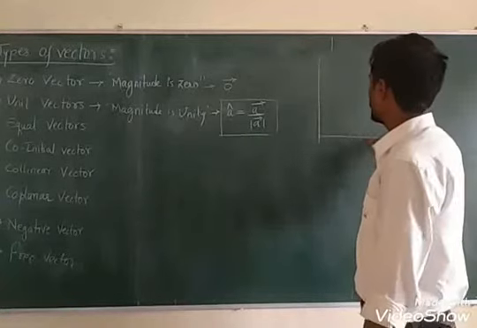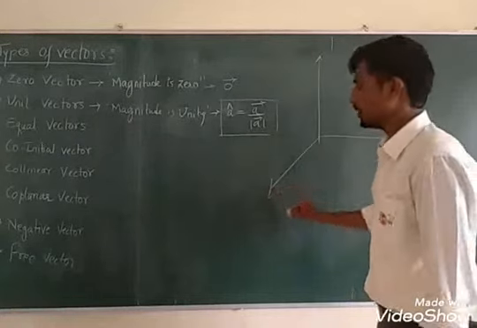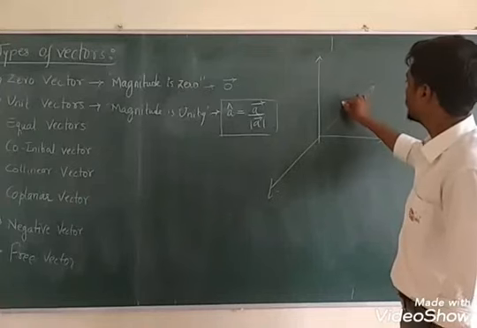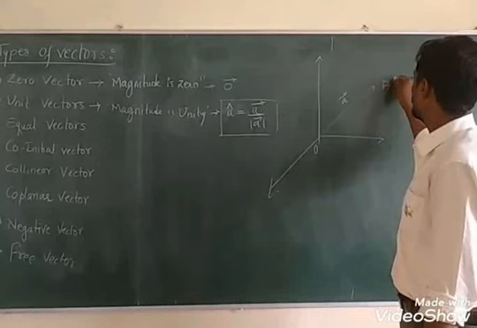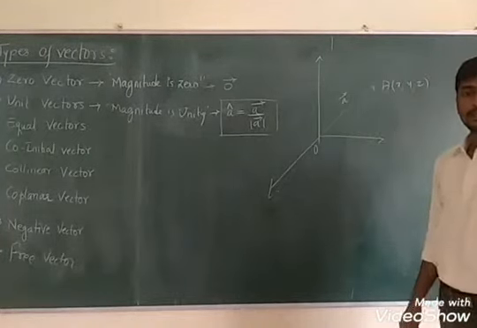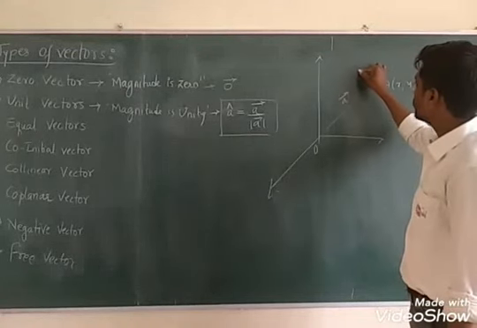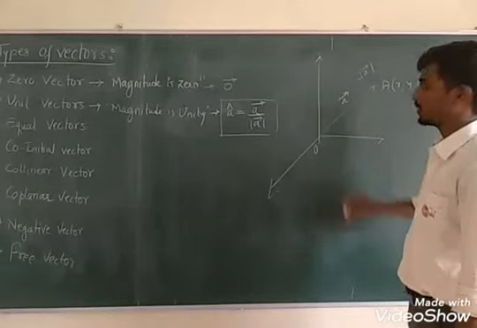Look here, this is our 3-dimensional space. There is a vector A. This is O, and this is the point A, (x, y, z). This vector has some magnitude.